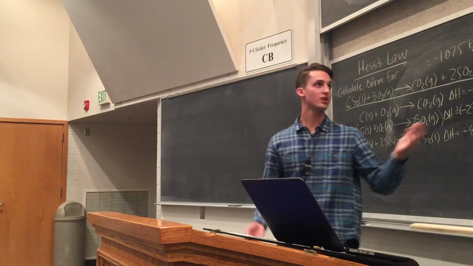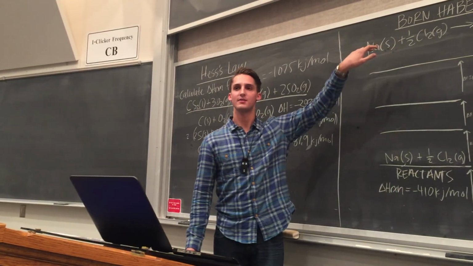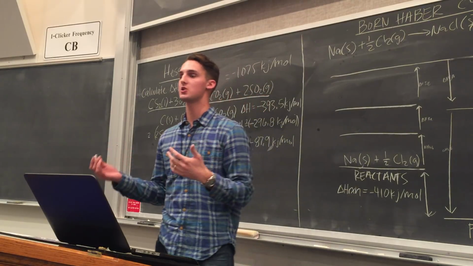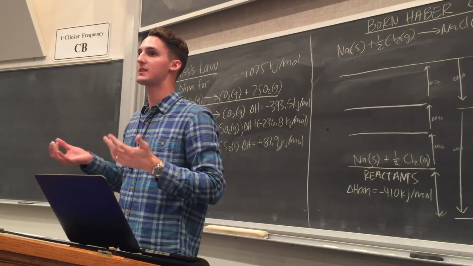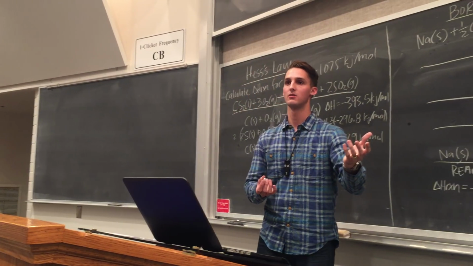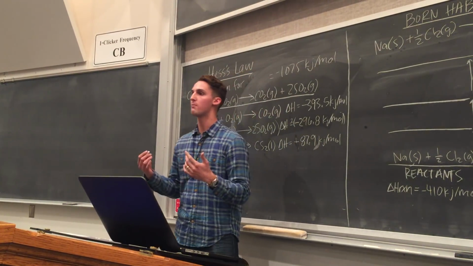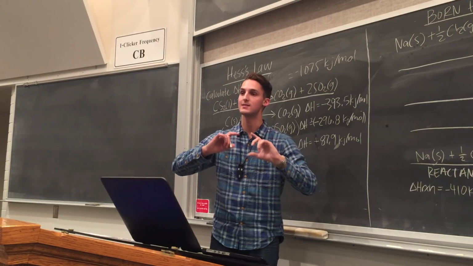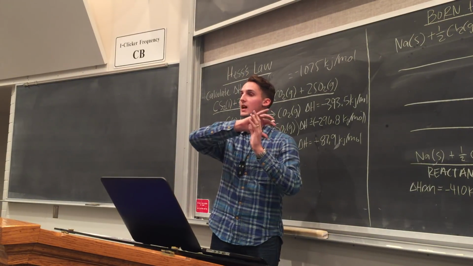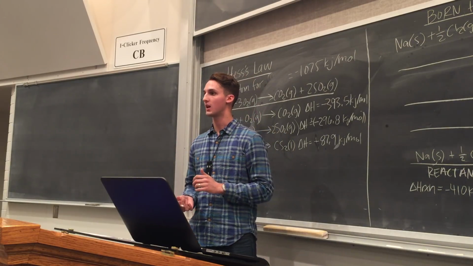Just looking at this reaction, you can see I have a solid reacting with a gas to make a solid. Thinking logically about it, that sounds pretty crazy. How are you going to react a solid with a gas to make another solid? That's what the Born-Haber cycle is showing us, that we have these different independent steps that we have to do in order to get this whole reaction to happen.